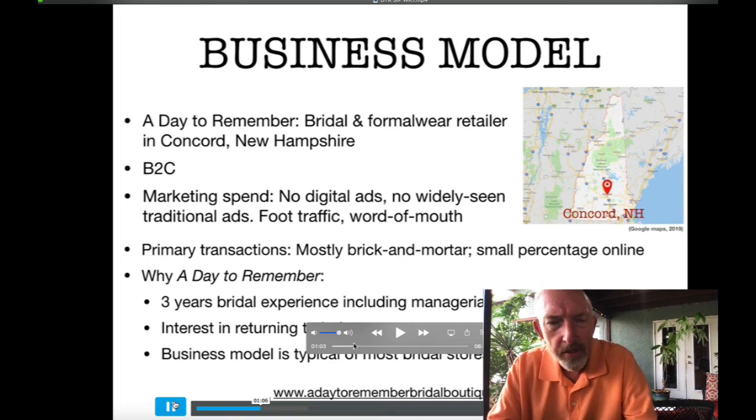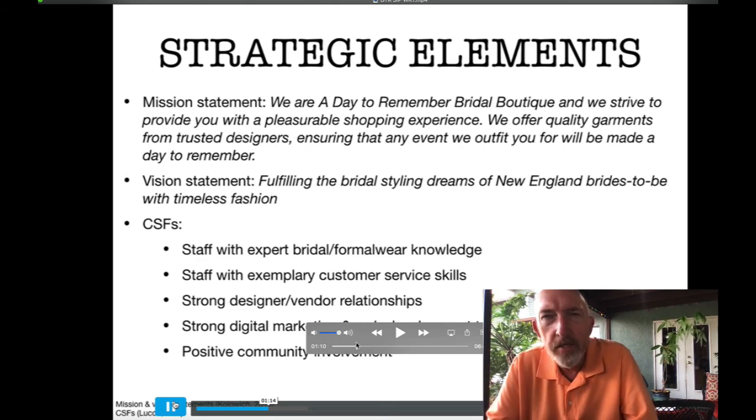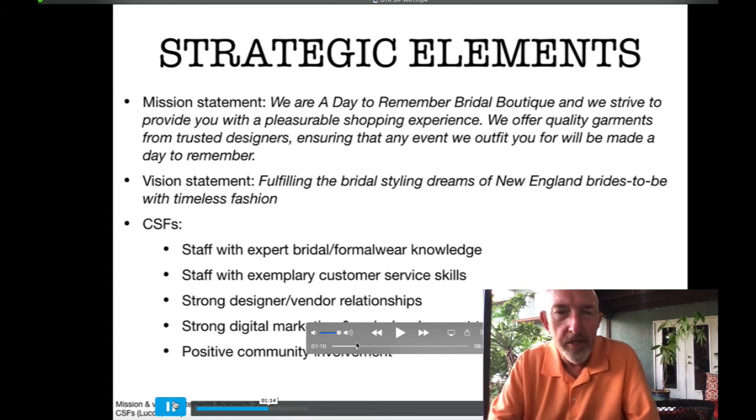So they share the business model as part of the strategic context. They discuss what the strategic elements are. So there you see the mission statement and the vision statement. Now, they didn't get the critical success factors right because, again, these are projects that the company is engaged in that are using money that could be allocated for other items, but they are allocating money to these projects because they feel it's going to achieve the mission statement.